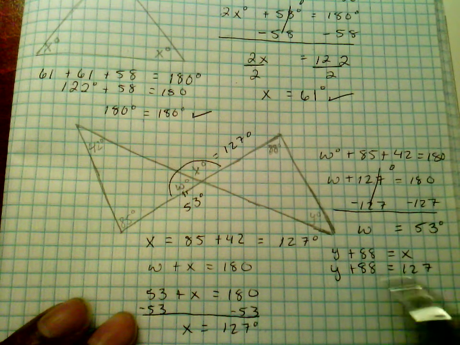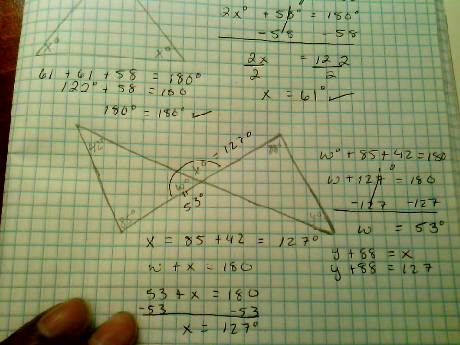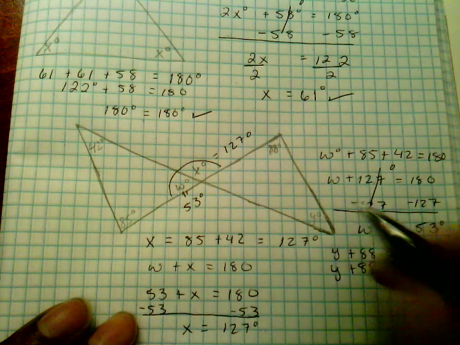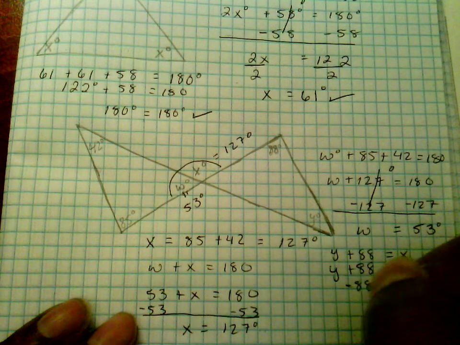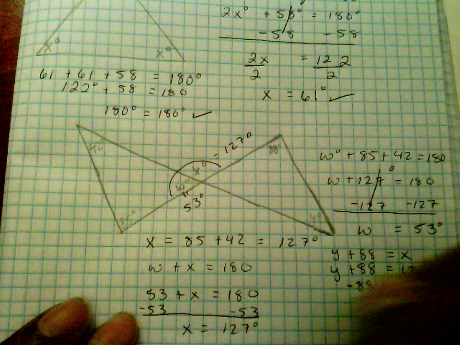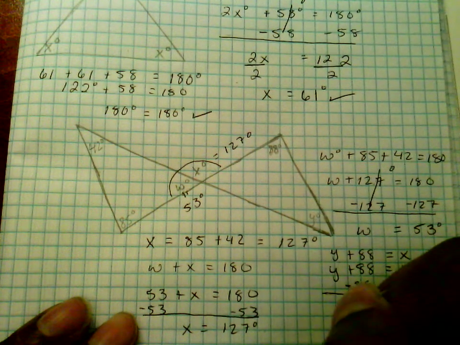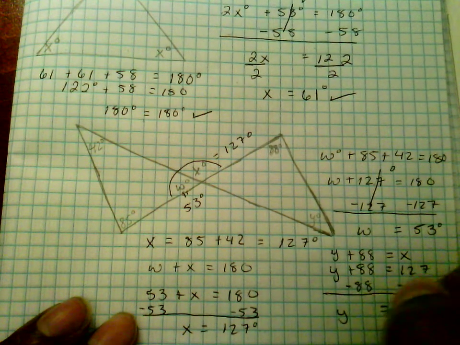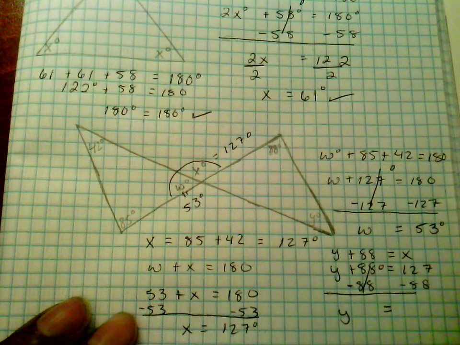And since X is 127, we substitute 127 in for X. And now we can solve this equation for Y and subtract 88 on both sides here. That'd be Y equal to, 88's cancel.